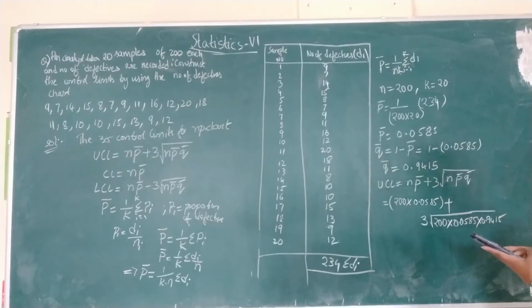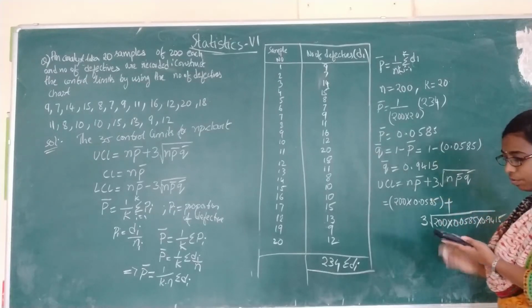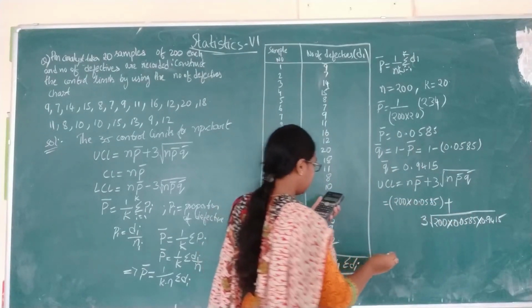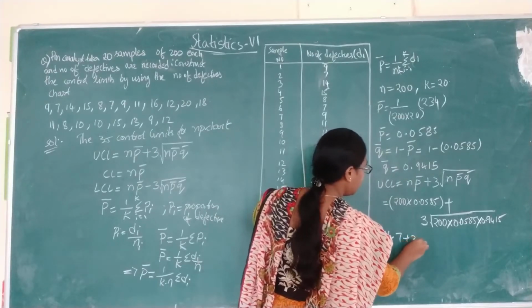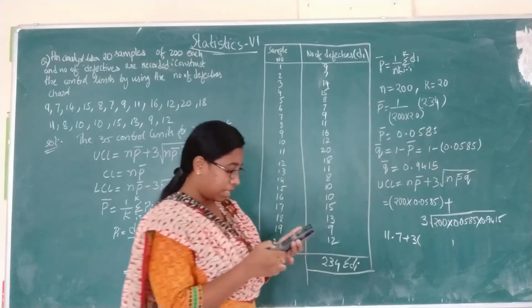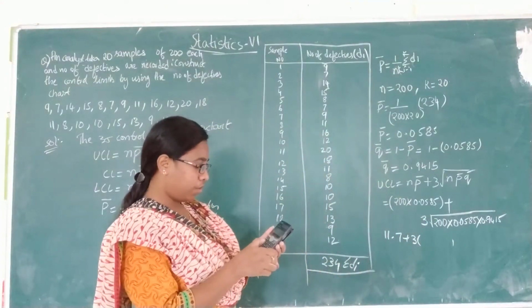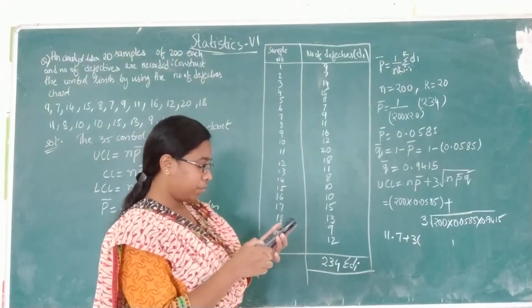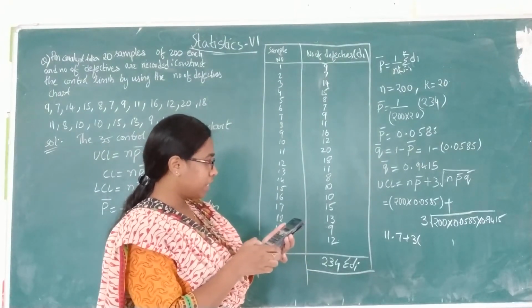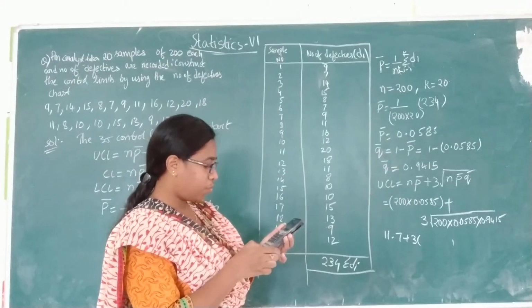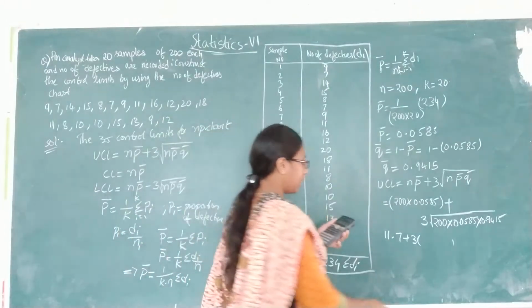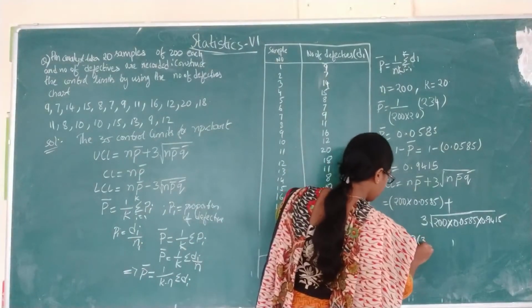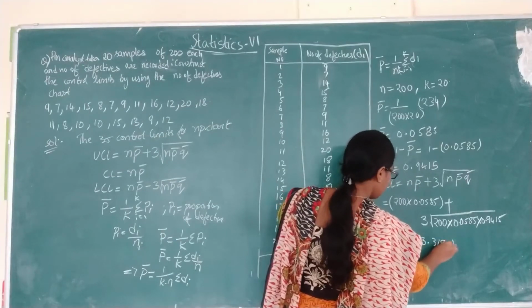First 200 into 0.0585, you will be getting 11.7 plus 3 into, find out this value, that is square root of 200 into 0.0585 into 0.9415. You will be getting 3.3190 into 3.